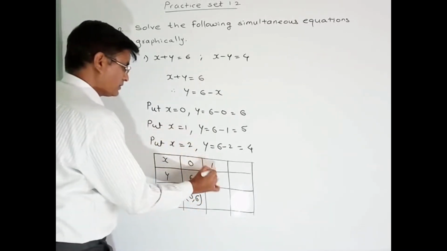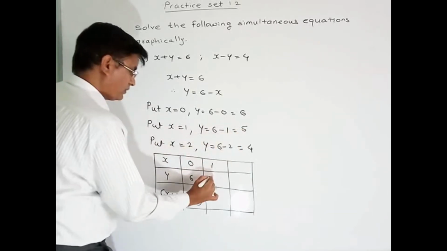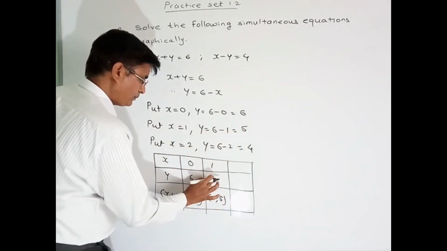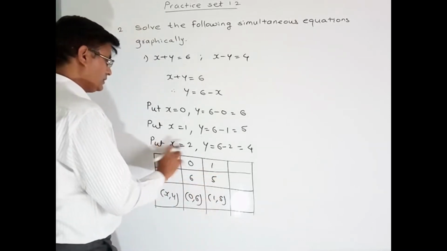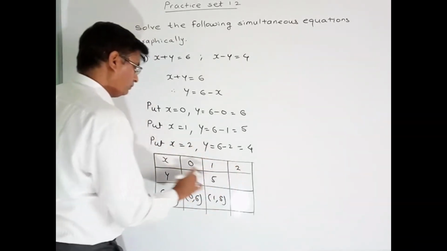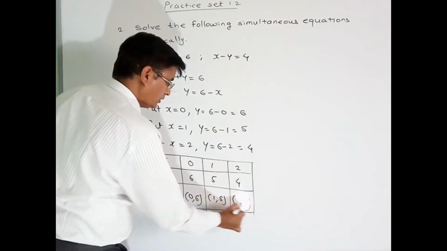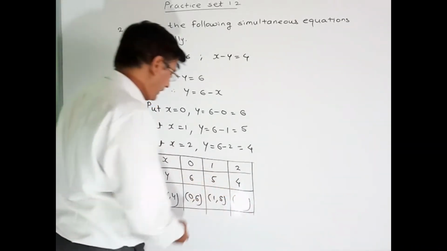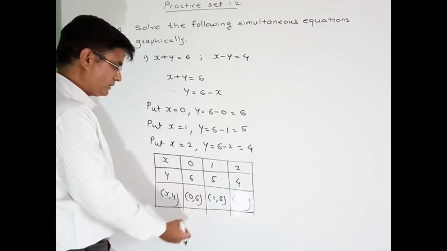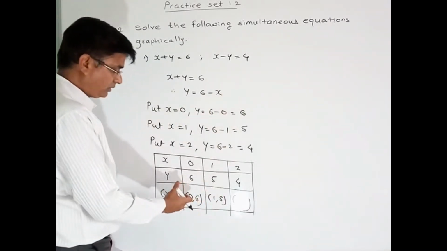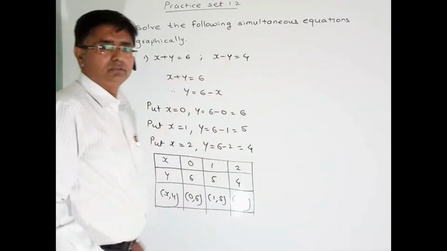Second is x is equal to 1, y is equal to 5, 1 comma 5. Third is x is equal to 2 and y is equal to 4, so 2 comma 4. In this way you will have to find the three ordered pairs. Then we will draw the graph of this on the graph paper.